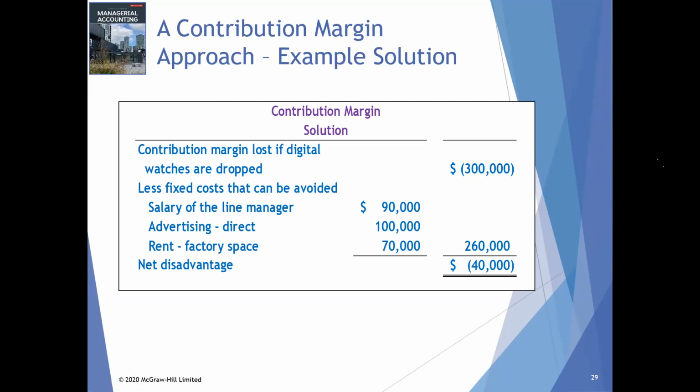Here we are writing those costs which can be avoided: the $90,000 salary of the digital watches line manager, the advertising cost for this line, and the rent of the factory space only for this line. These are expenditures that we will not pay to anyone, $260,000 in total. So the loss minus this saving gives the net disadvantage, which will be $40,000.